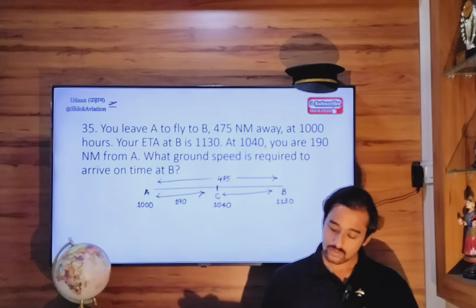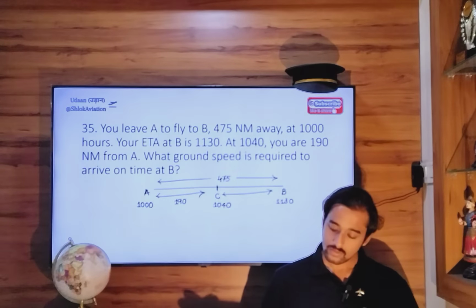Time. You have to reach Bravo at 11:30. Departure time is 1040. Destination time is 1130. Now the question states you must reach your destination strictly at this time, 1130. That means this initial ground speed must be changed to a final ground speed.